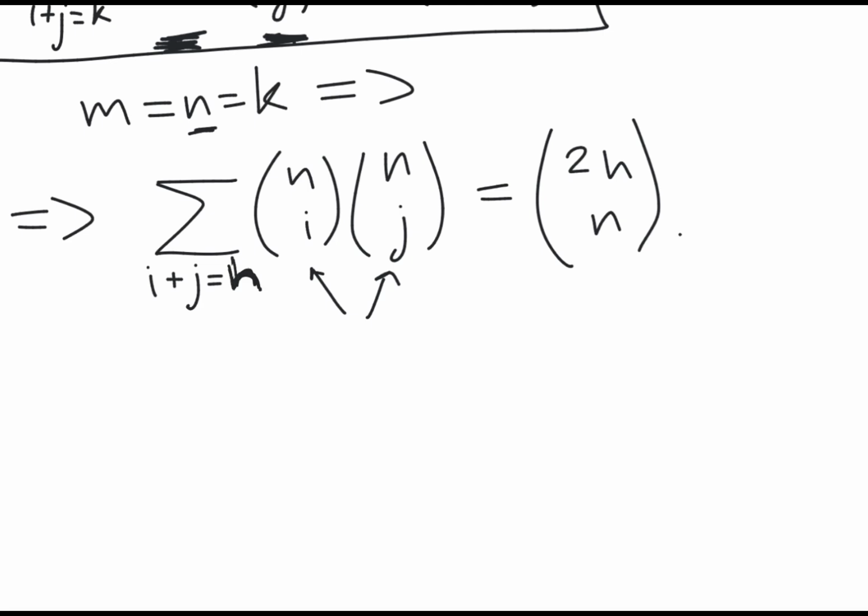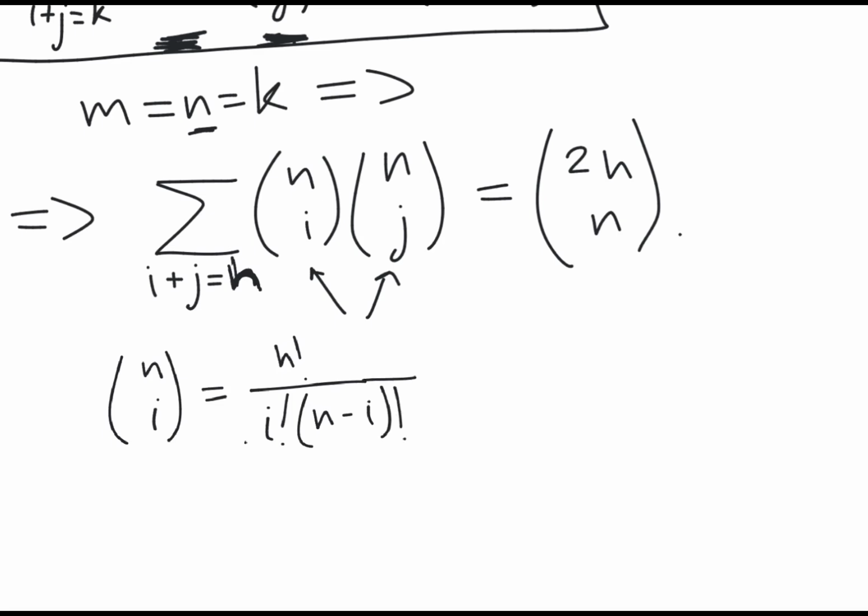To see this, observe that by definition, n choose i is n factorial over i factorial times n minus i factorial. You see that this expression is symmetrical around i and n minus i.